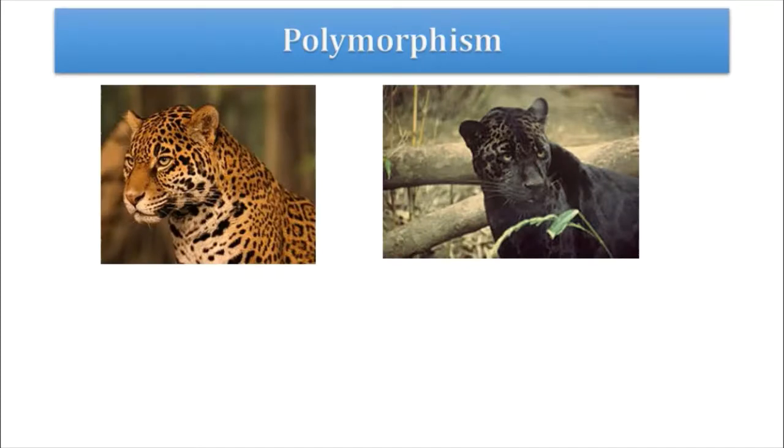Polymorphism is a phenomenon that may cause differences in drug metabolism. You can see here in these two pictures a jaguar, both of which are biologically similar, but they show differences in shape. The same can apply to the metabolic activity of enzymes. Humans are similar in biological components, but the activity of these enzymes might differ from patient to patient or based on race.